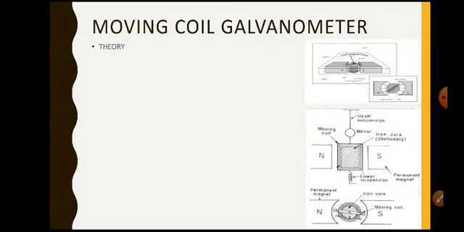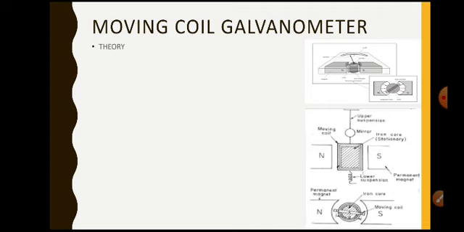So in this wire, a twist is developed. The twist produces a restoring torque. This restoring torque is directly proportional to the angle of deflection.